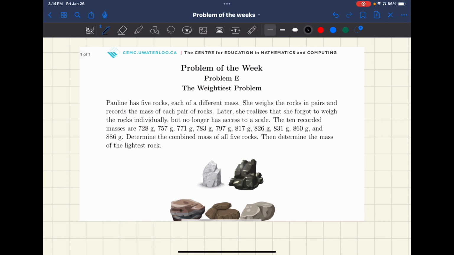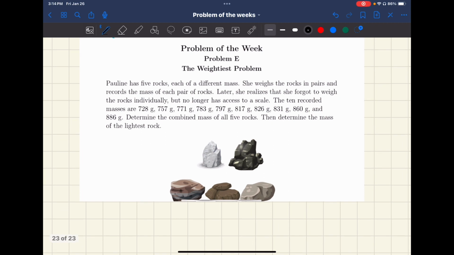The problem goes, Pauline has 5 rocks, each of a different mass, and she weighs the rocks in pairs, and then she records the mass of each pair of rocks. Later, she realizes that she forgot to weigh the rocks individually, but no longer has access to a scale.